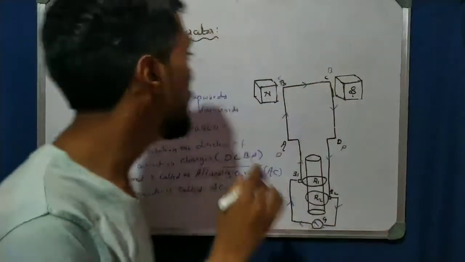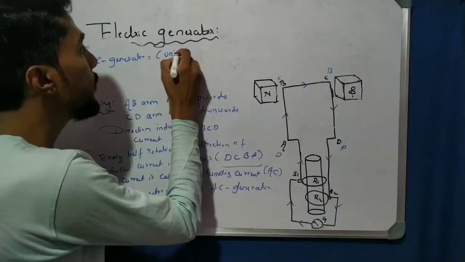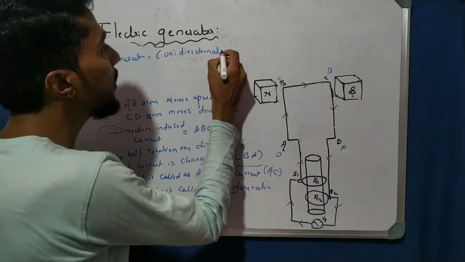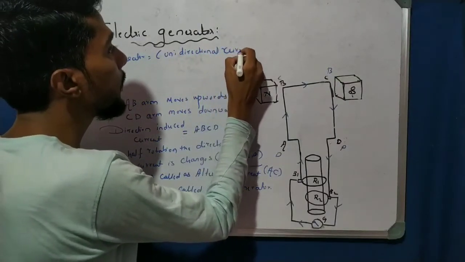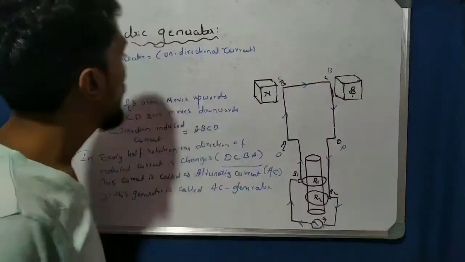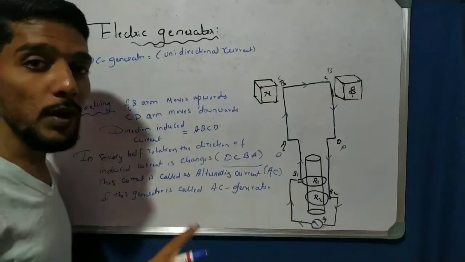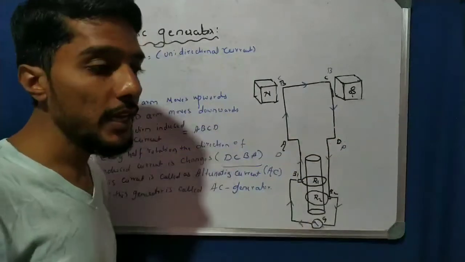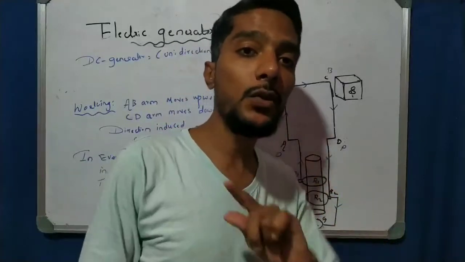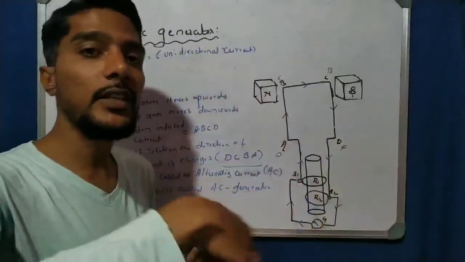Unidirectional current. Direct current provides only one direction. The current does not change direction; every time it is the same direction, ABCD.